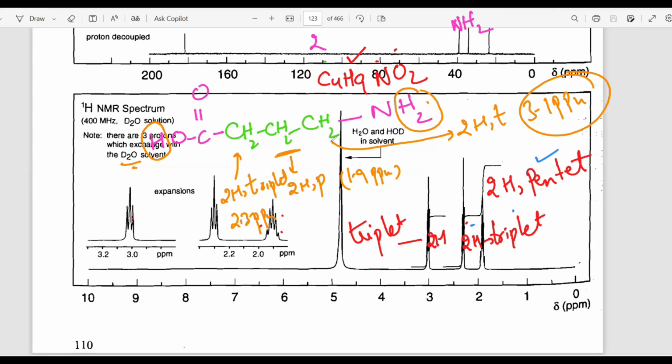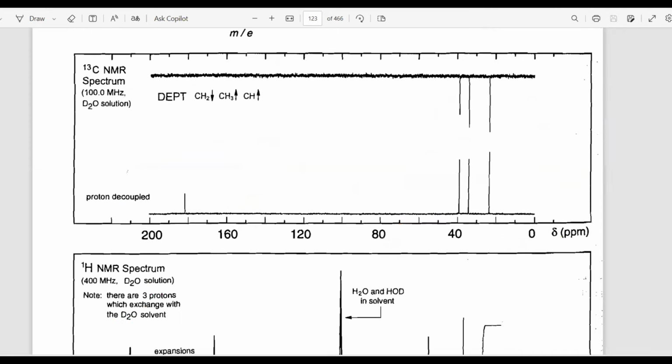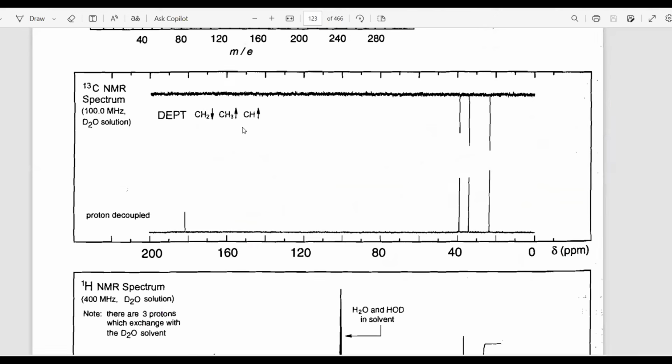You have to write the formula again, and you have to write the carbon 13 NMR values on this spectrum. Okay, let me write the structure again. In carbon 13 NMR: CH2, C double bond OH, CH2, CH2, NH2. Because carbon 13 only provides information about carbon, we have 1, 2, 3, 4 carbon. This carbon is this one, and this carbon is this one.